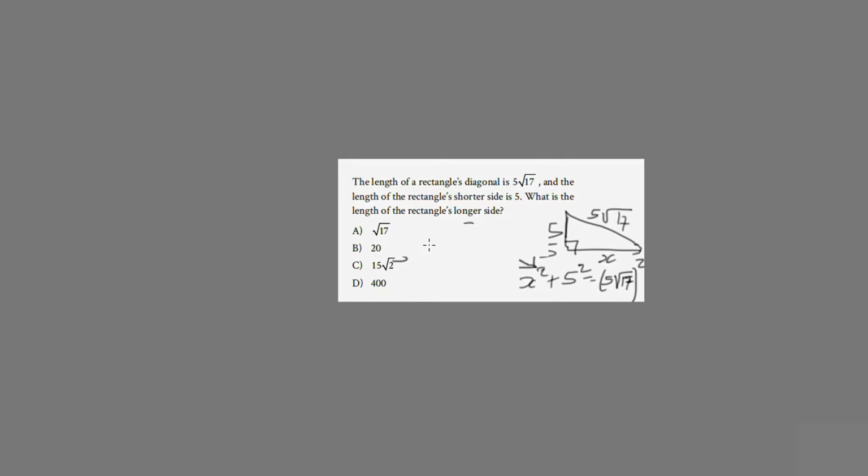Now this will be x square plus 5 square, which is 25, equals, let's punch this on the calculator to simplify.